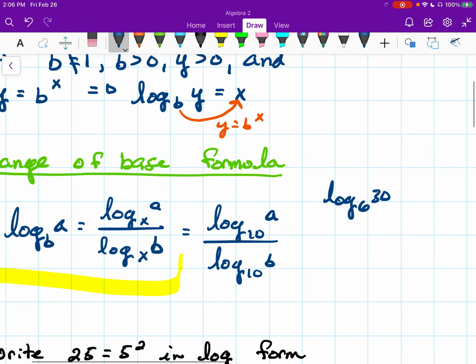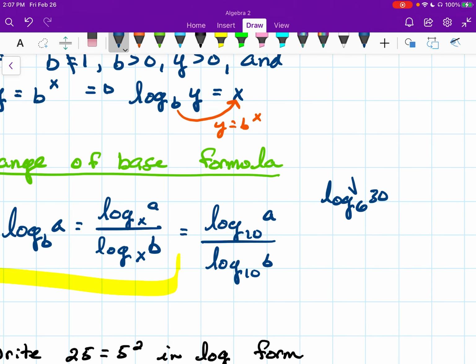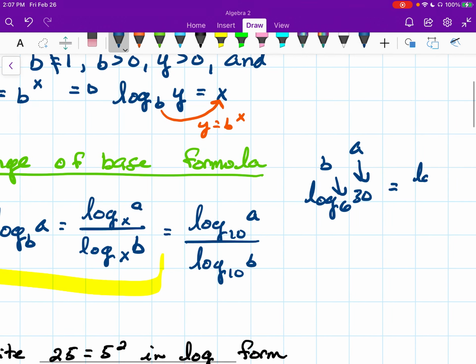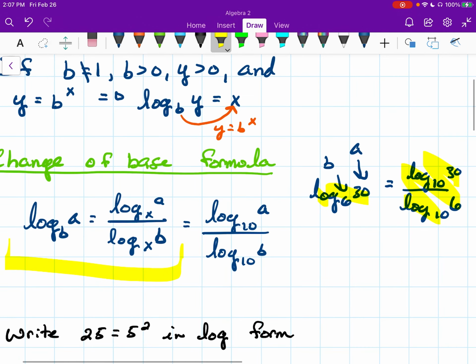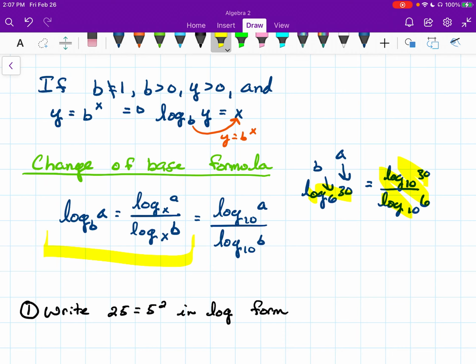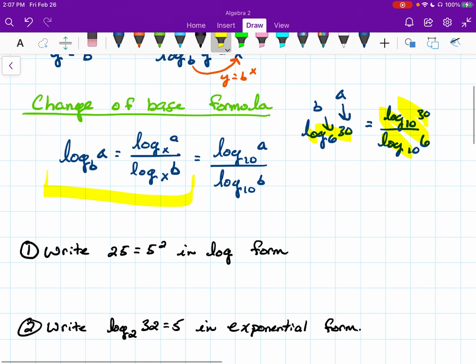But what you can do is say this is equal to log base 10 of 30 over log base 10 of 6. This over here you can type in your calculator, but you couldn't type the other in. Now, graphing calculators, you normally can type that in, and I'll talk about where to find that in a second, but the change of base formula is just something that you should know. If you want to watch more of that, go on YouTube and search that. There's all kinds of videos about that.